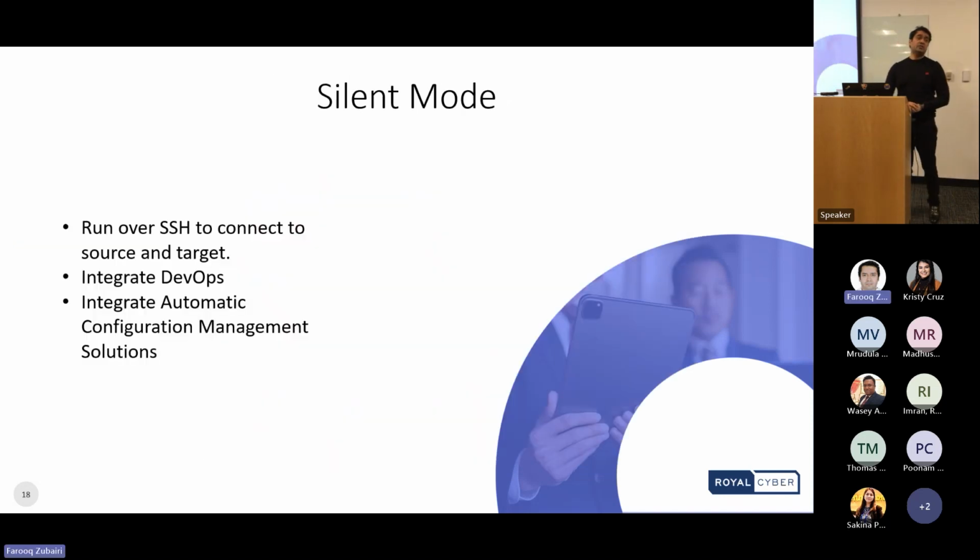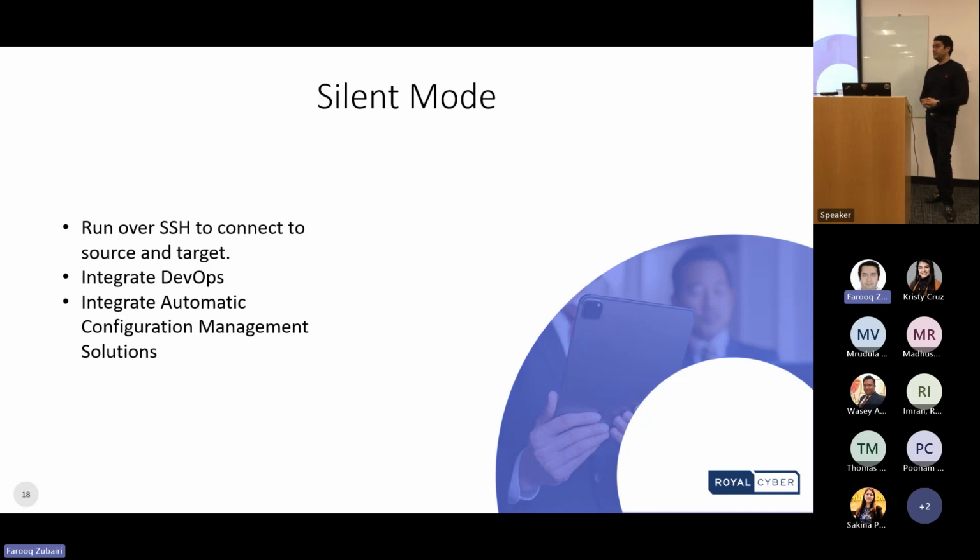Now, silent mode is for when I want to automate this. For example, I had 3 servers. I connected to each server, got whatever I needed, moved to the target and migrated. But if my servers are 70, 80 servers, I cannot go sit on each server and run the migration.